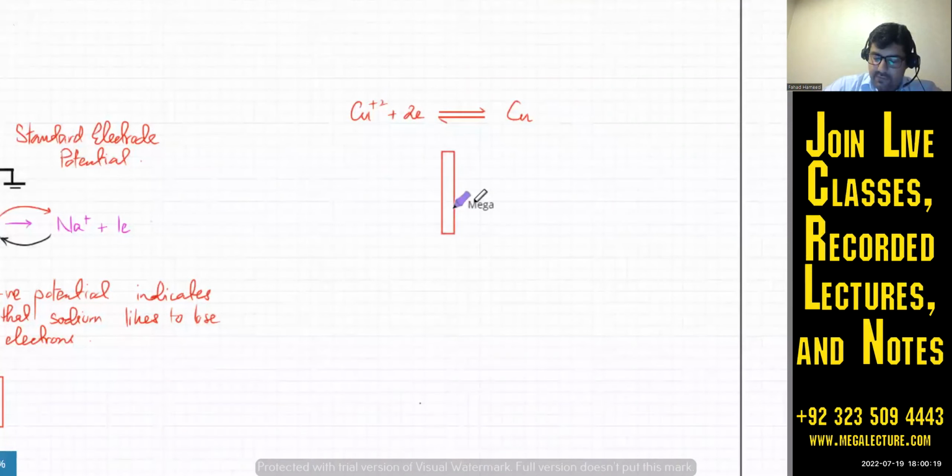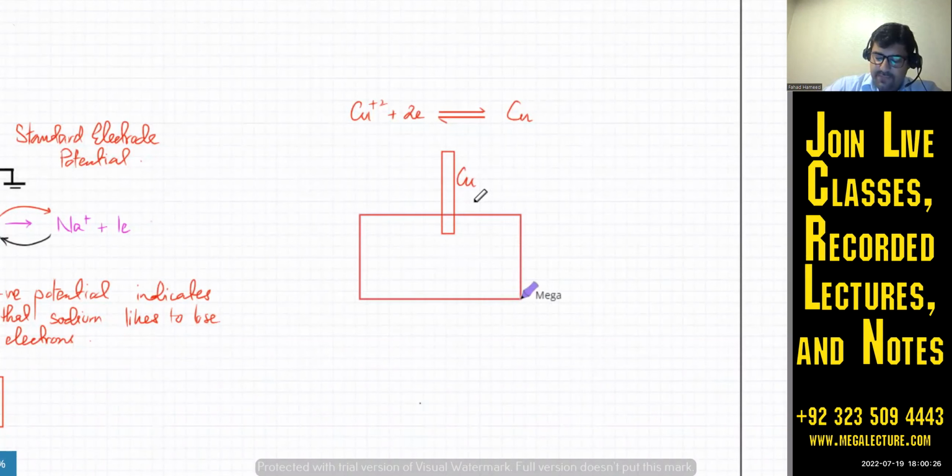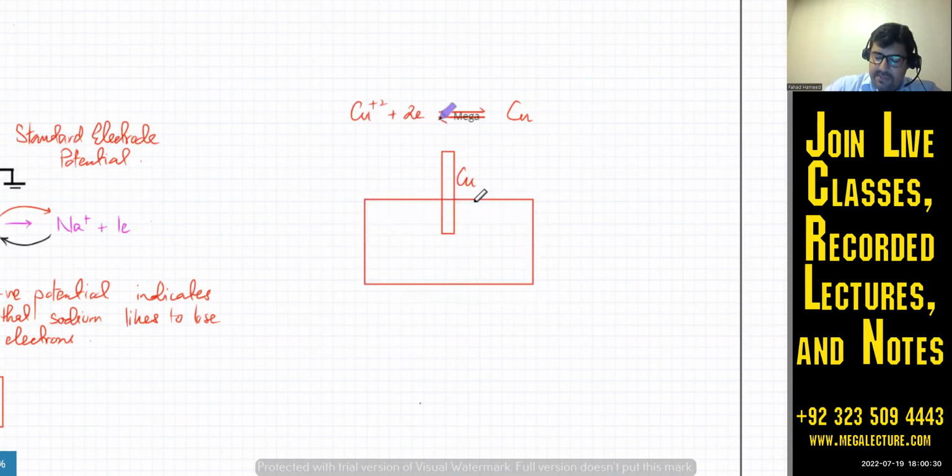The electrode would be made out of copper, and the solution over here will have copper ions. Since it's a standard electrode, it will have exactly 1 mole per dm cube of copper 2 plus ions. So make sure you use standard conditions.